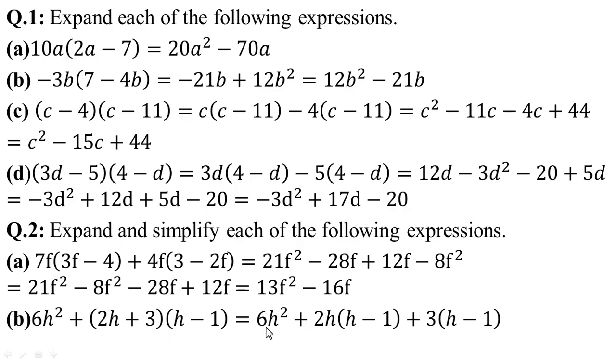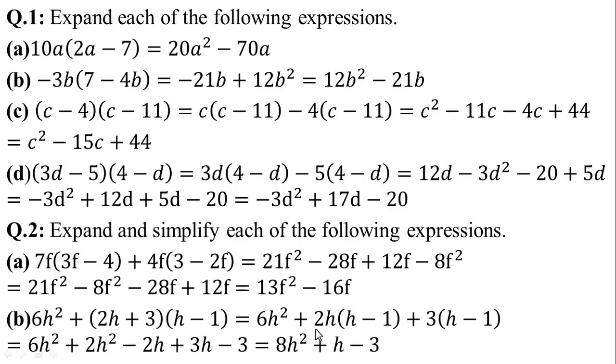Now we have 6h square plus 2h into h minus 1 plus 3 into h minus 1. We have 6h square plus 2h square minus 2 multiplied by 1 is 2h, plus 3h minus 3 ones are 3.